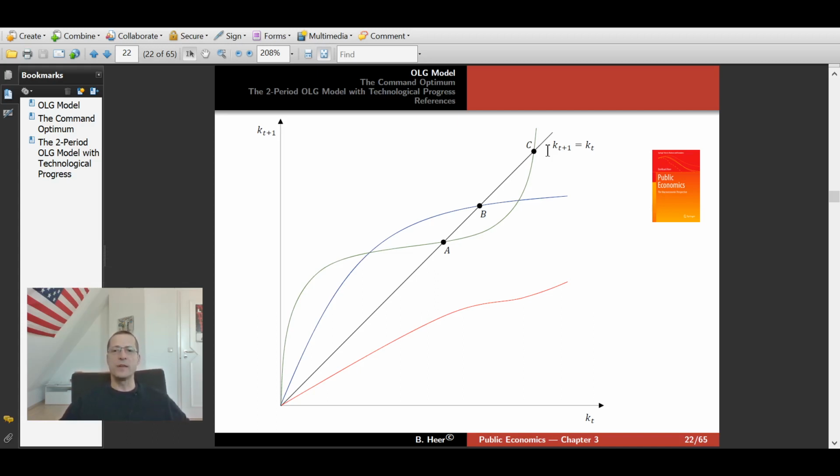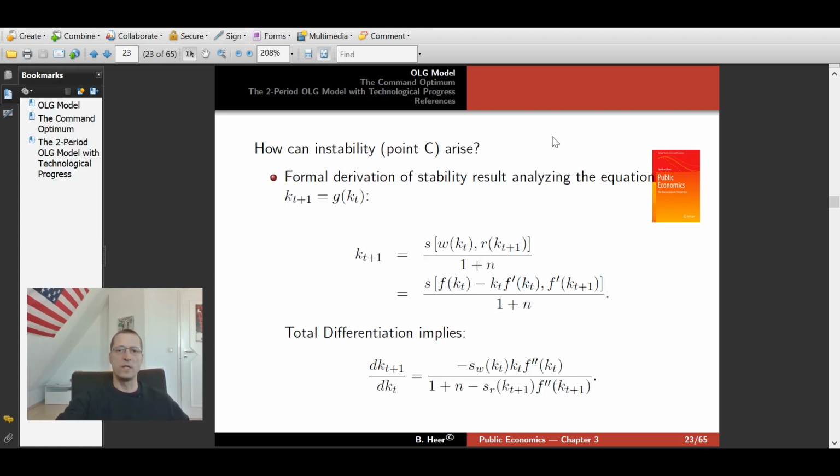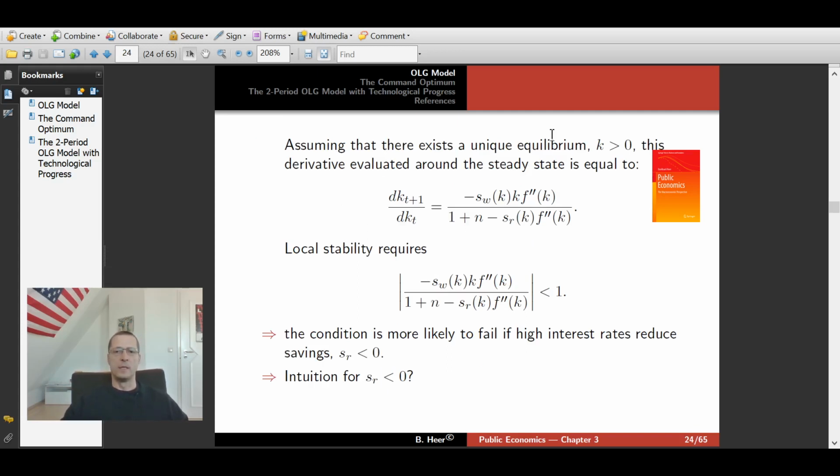So the income effect is so strong, higher than the substitution effect, that we increase our savings even though the interest rate declines. If we increase our savings, however, then this will again increase the capital stock. And so this dynamic process continues and the capital stock is ever increasing. This is the intuition for this result, that local stability is more likely to fail if high interest rates reduce savings.